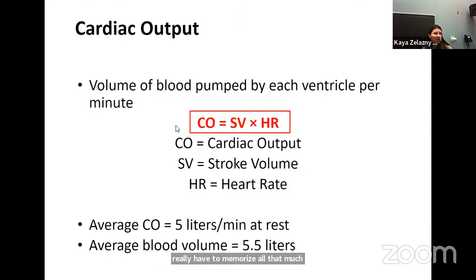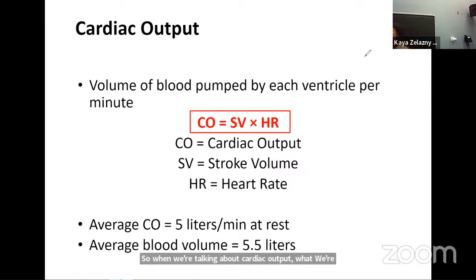When we're talking about cardiac output, what we're talking about is how much blood is getting to your body in a minute, right? We're just trying to measure how much blood is getting to tissue every minute. To do that, all you have to do is know how much blood is coming out of the heart each cycle, and then how many cycles there are in a minute.